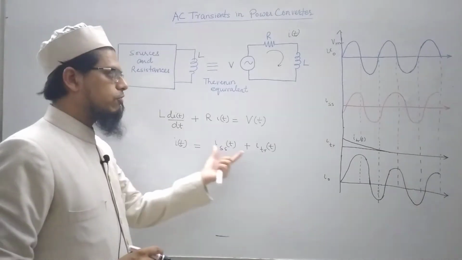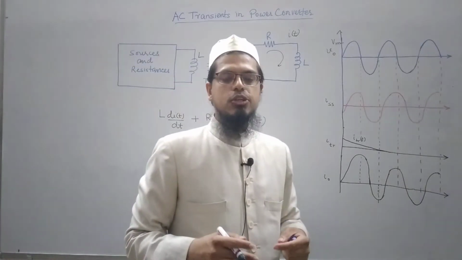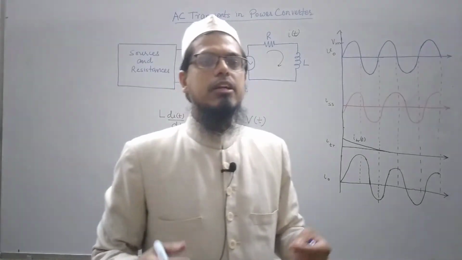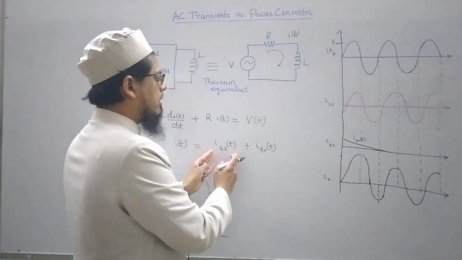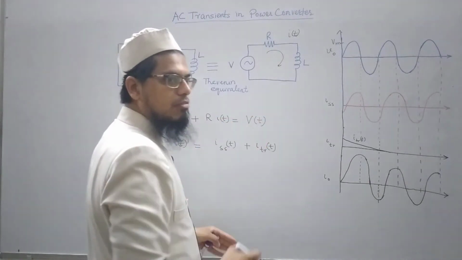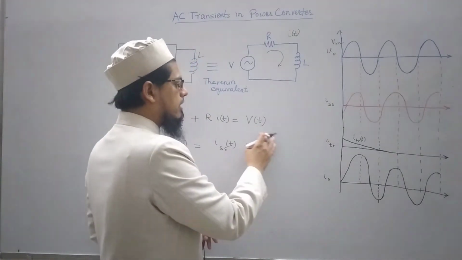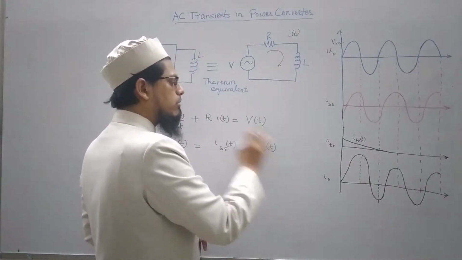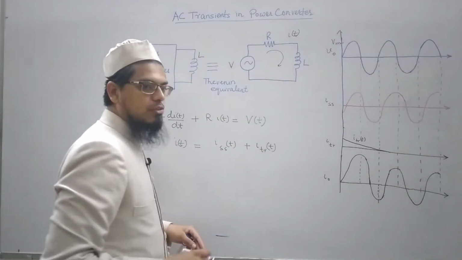If you solve a first order linear differential equation, the general procedure is to find the steady state part by keeping the forcing function in the equation, and then add to it the transient part by removing the forcing function from it.